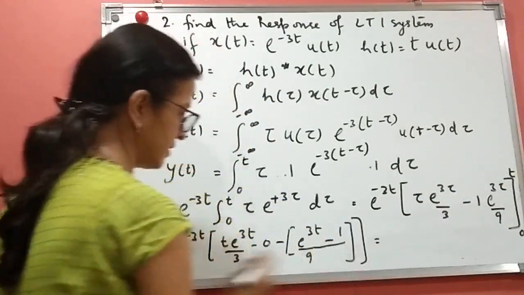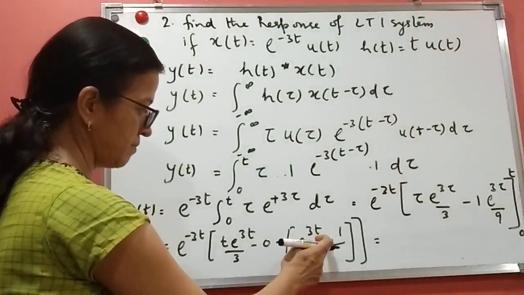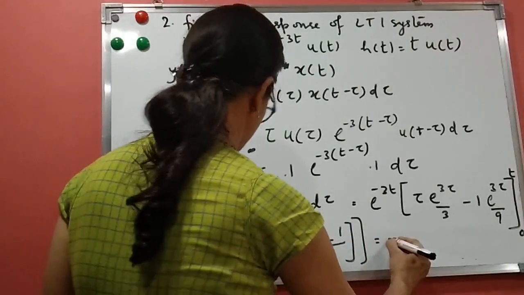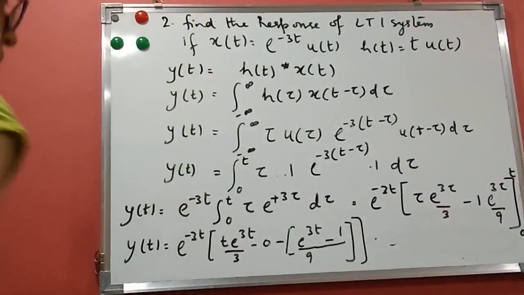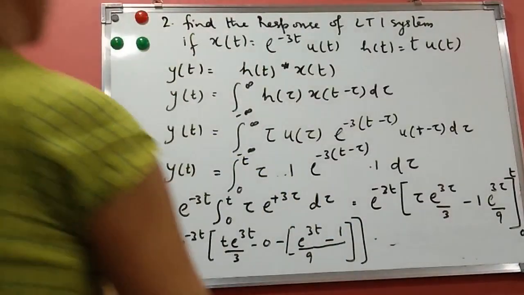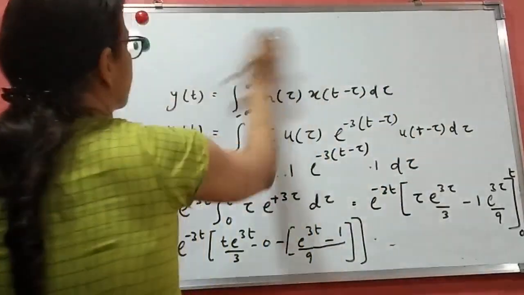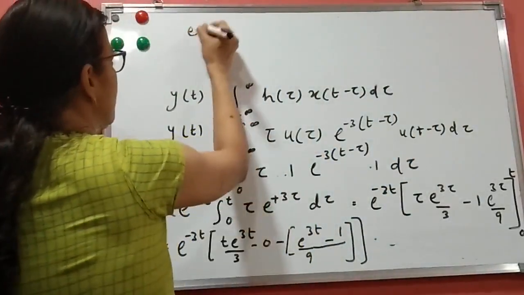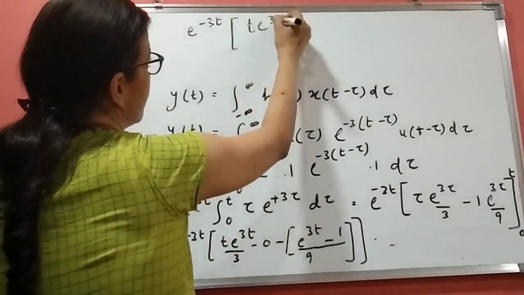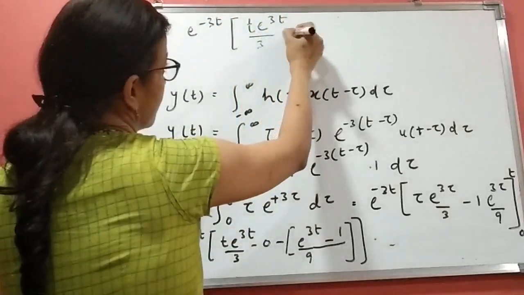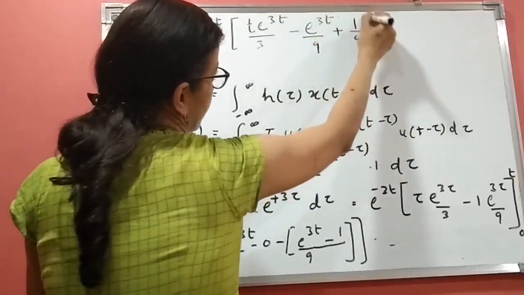So what is the final answer? When you find out the final answer, this is minus and this becomes minus minus plus. I'll rub the space here and write down the answer. So what is the answer? e raised to minus 3t times t e raised to 3t upon 3 minus e raised to 3t upon 9 plus 1 upon 9.